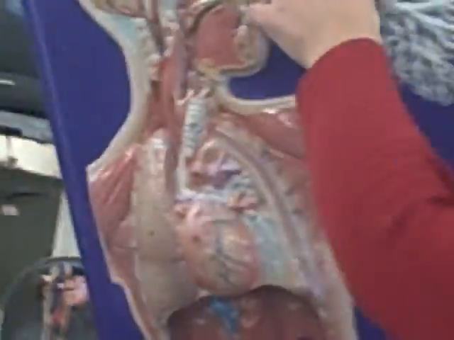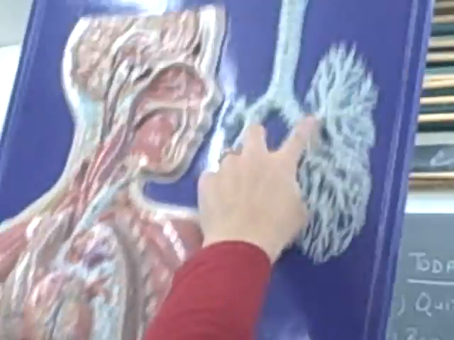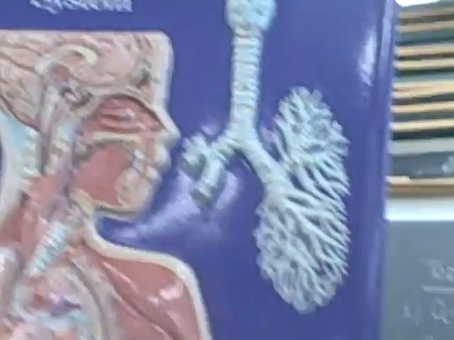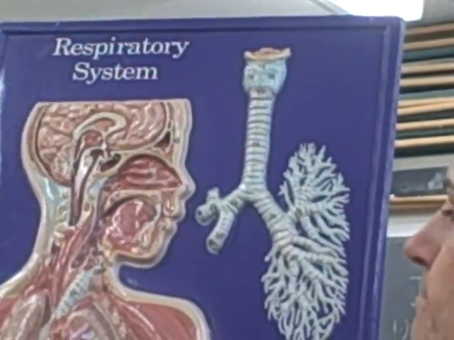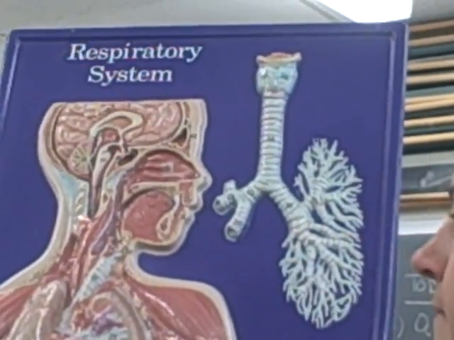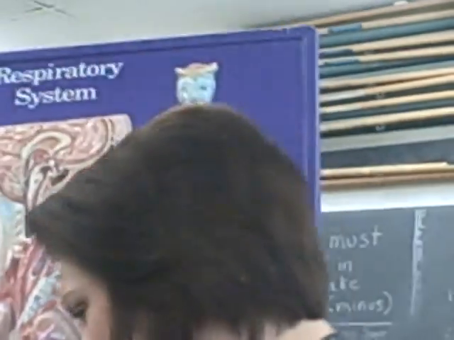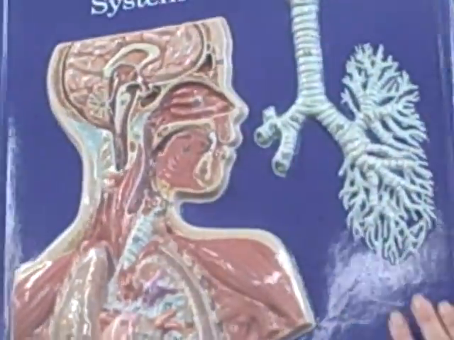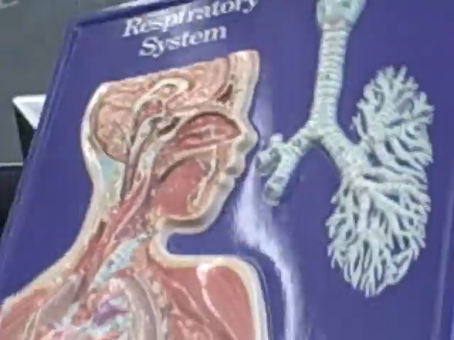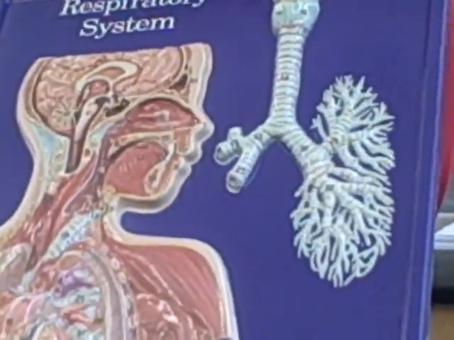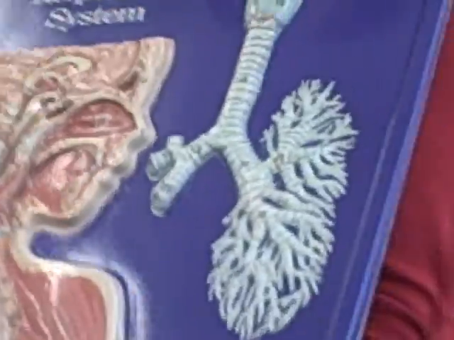The trachea is where? This one or that one? The first one, trachea. Okay? 19. Primary bronchus. Okay, in this case you have to do left and right, okay, because you have a left primary bronchus and a right primary bronchus, okay?